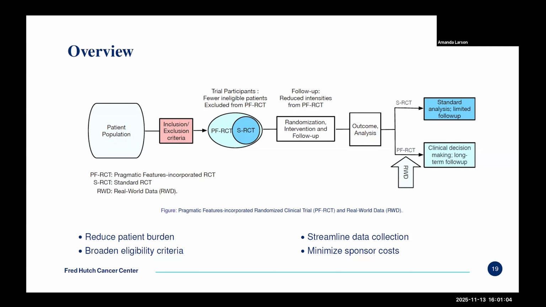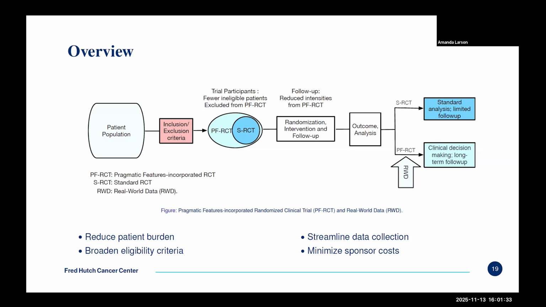I talked to Yingqi, and a cluster randomized trial is one way to reduce cost, especially for screening trials. But there are also other aspects: we're hoping to reduce patients' burden, reduce the number of visits, broaden the eligibility criteria, streamline the data collection, and minimize the cost.